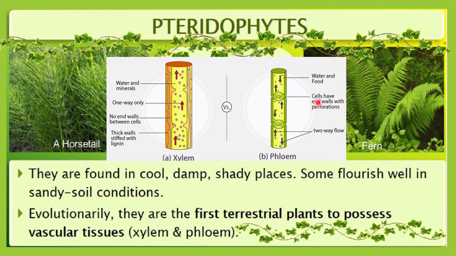Between two cells, this is one cell and this is the second cell, the walls have perforations, by which both cells communicate with each other. So pteridophytes are the first terrestrial plants to possess vascular tissue, which includes xylem and phloem.